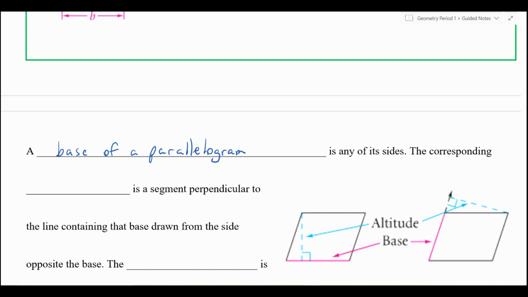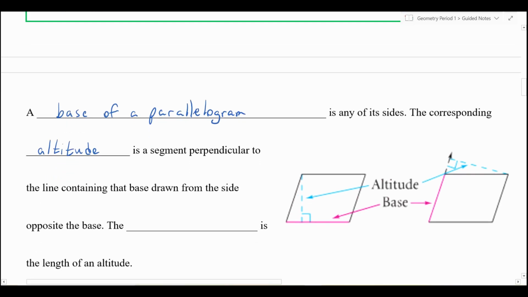The corresponding height, actually in this case, the corresponding altitude is a segment perpendicular to the line containing the base drawn from the side opposite the base. Now, the height is the length of an altitude.